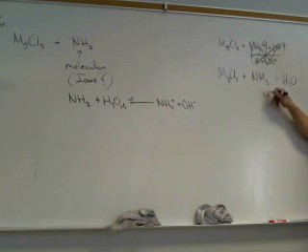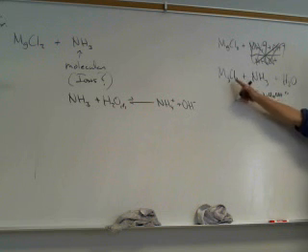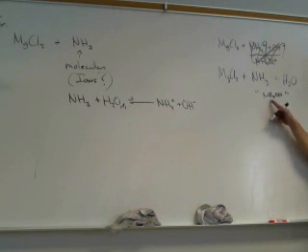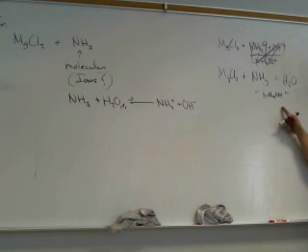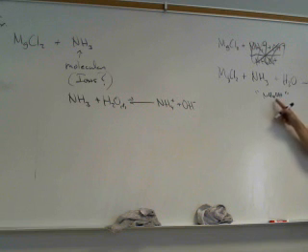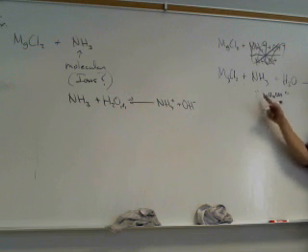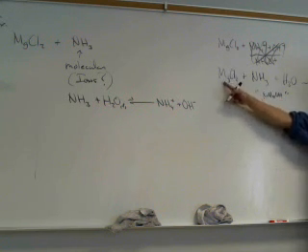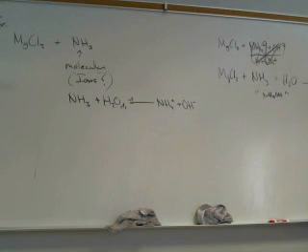You can write ammonium hydroxide here to help you because it fits the AB plus CD. We know we're going to get some ammonium and hydroxide ions from hydrolysis, just a little bit, right? And so if it's an AB plus CD, what do we form? Well, magnesium chloride plus ammonium hydroxide forms magnesium hydroxide and ammonium chloride.